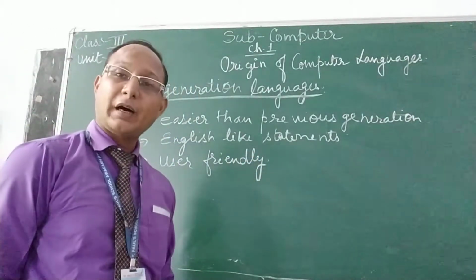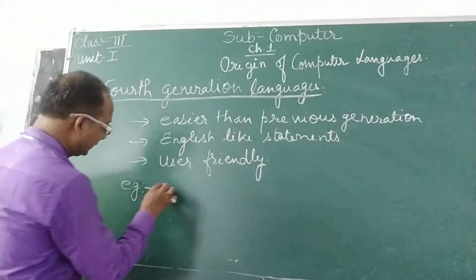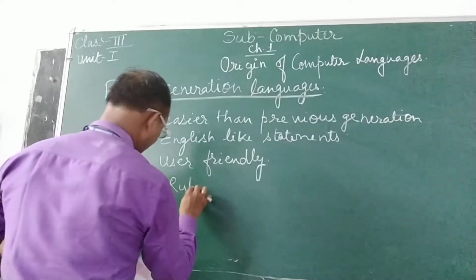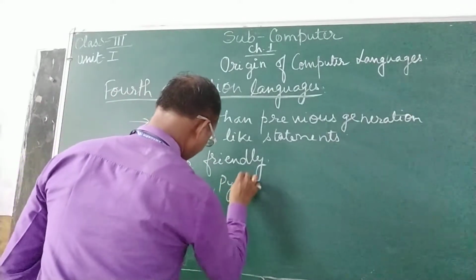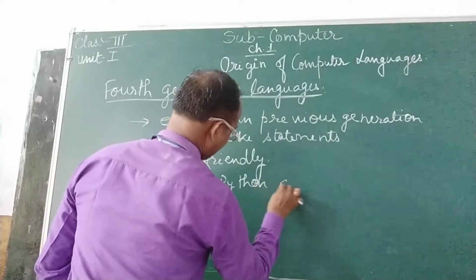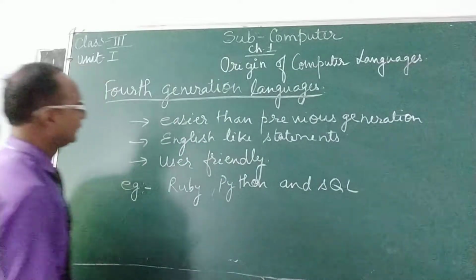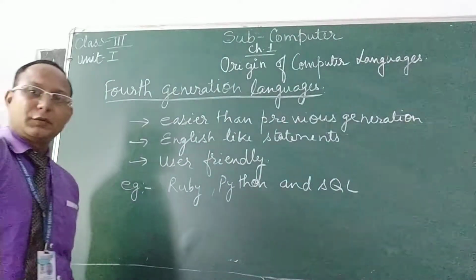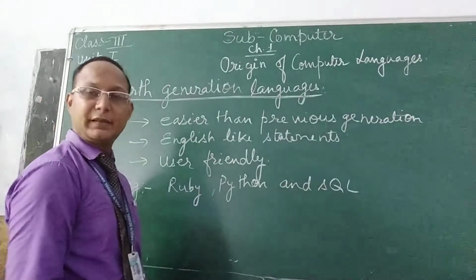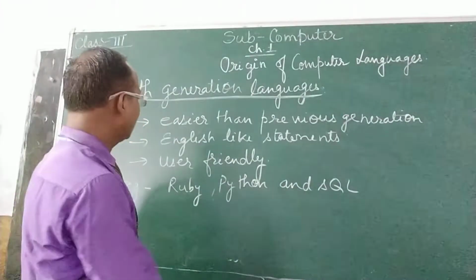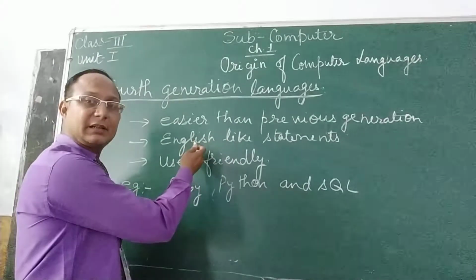Now, some examples of this type of generation are Ruby. So children, in this generation they are easier than the previous generation languages. In this generation, statements are more in English.